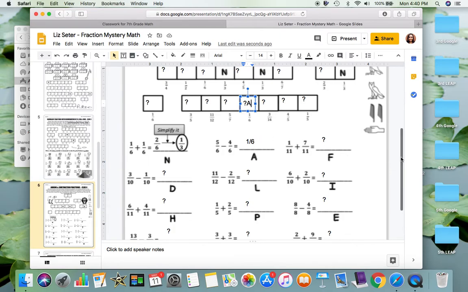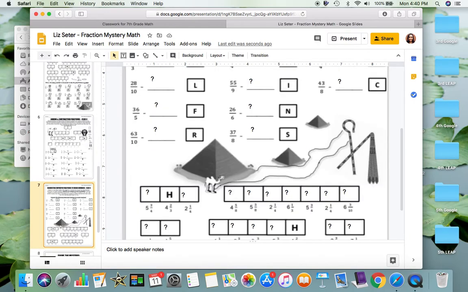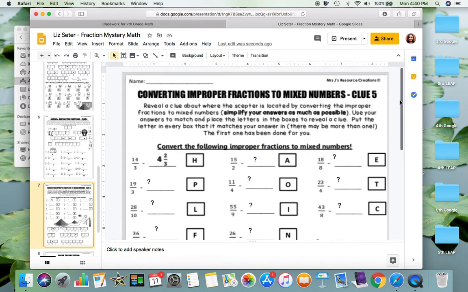All right, next, let's see, where am I? Next one, here we go. And I'm on clue 5. I have to convert the improper fractions to mixed numbers. Hopefully you remember how to do this. Even though this is a fraction, it is a division problem.